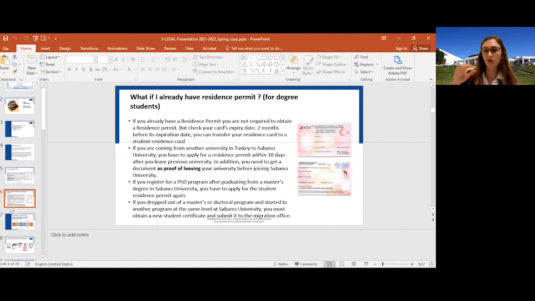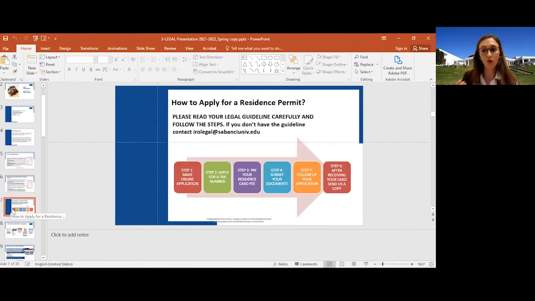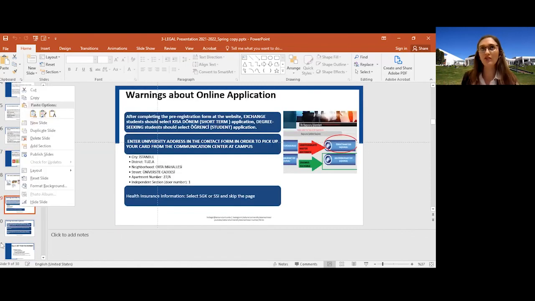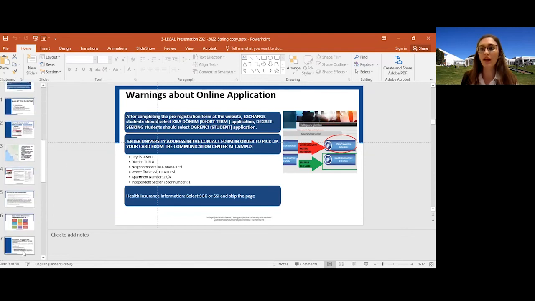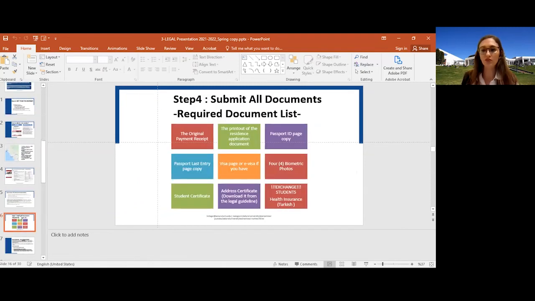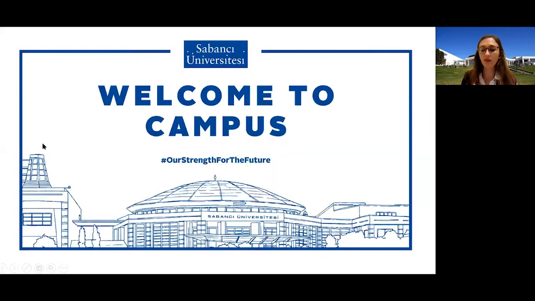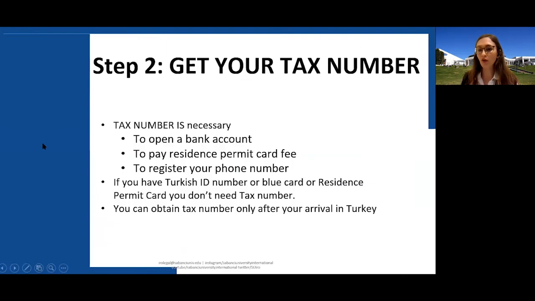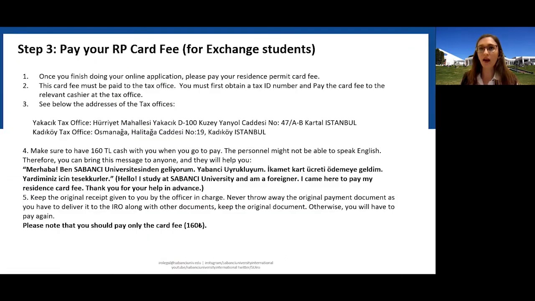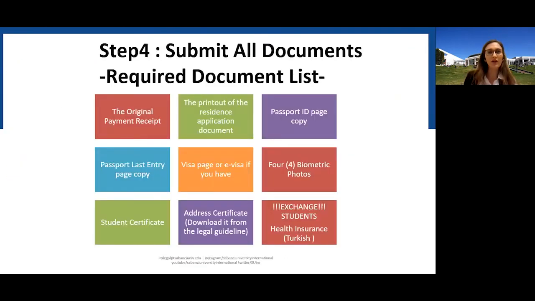It's the short form, that's why we say YÖK. Actually, it is the Higher Education Council number. Every student in Turkey is going to have a unique number, and it will be assigned by YÖK, and it takes time. I think within 1 week, it's going to be generated by the system.